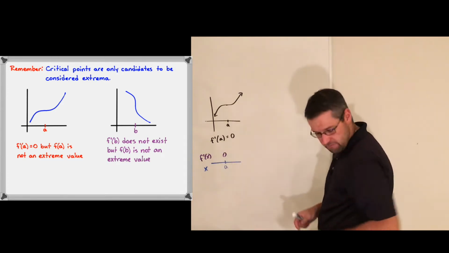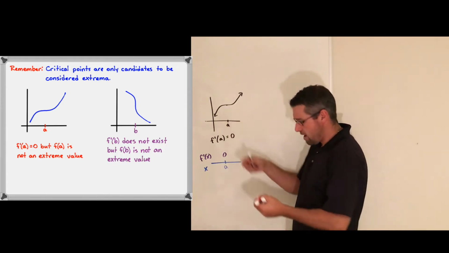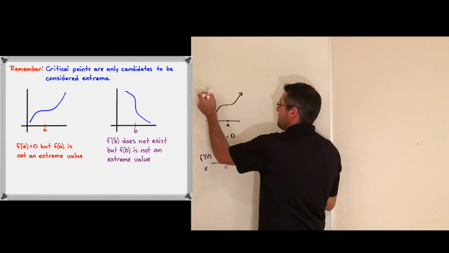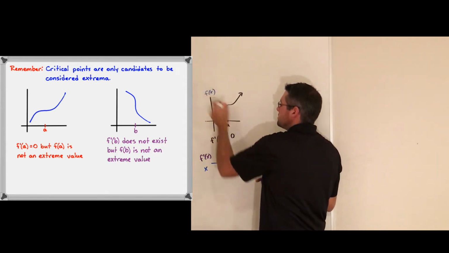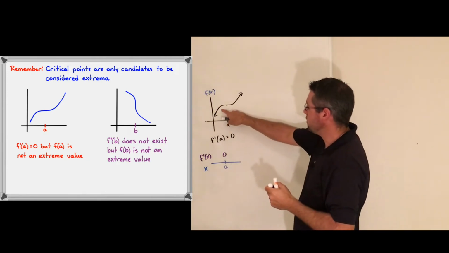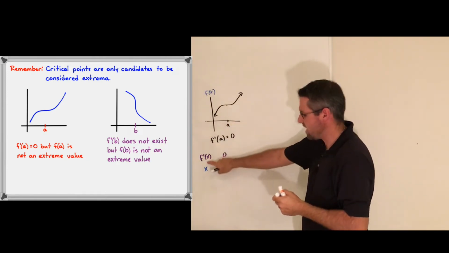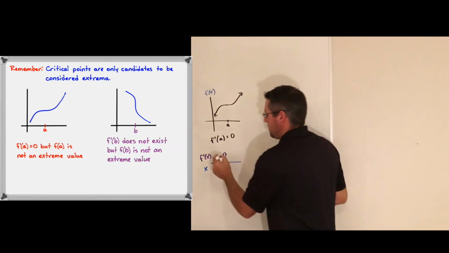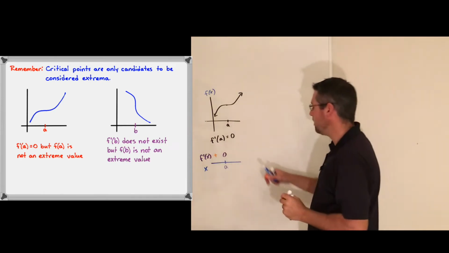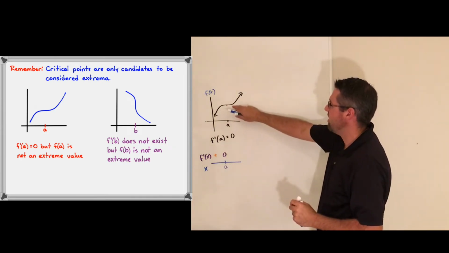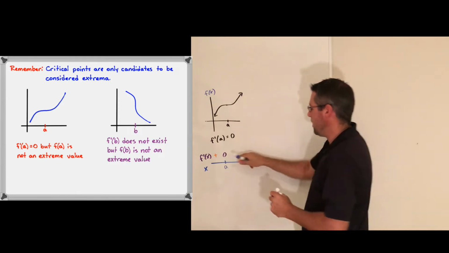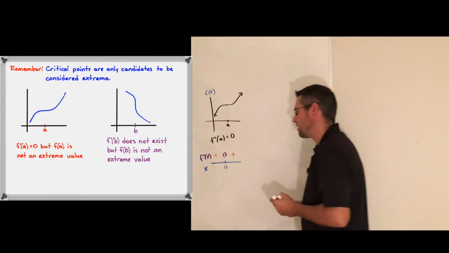But if we look graphically, we notice that the graph of f, this is the graph of f of x, we can see that f is increasing, which implies that f prime is going to end up being positive. Well, on the right side, we see that f is also increasing. So f prime will also be positive there.